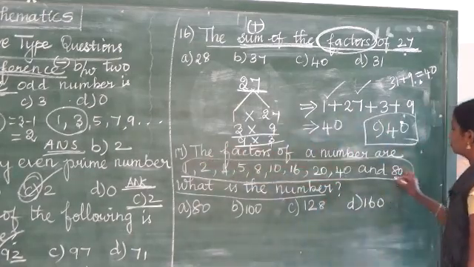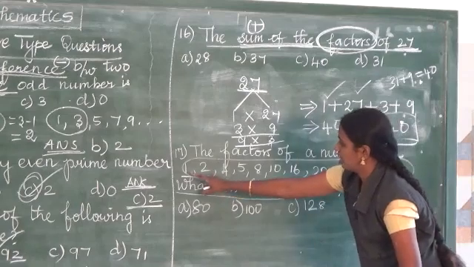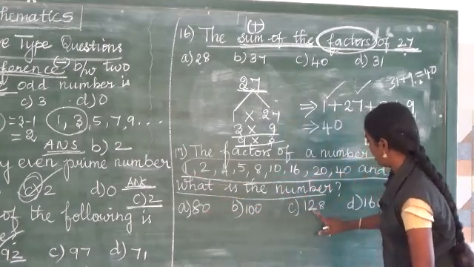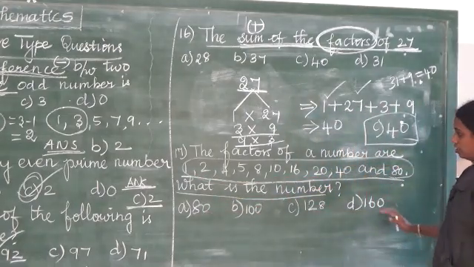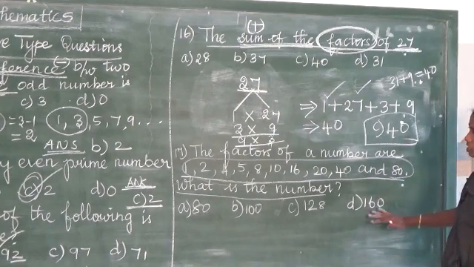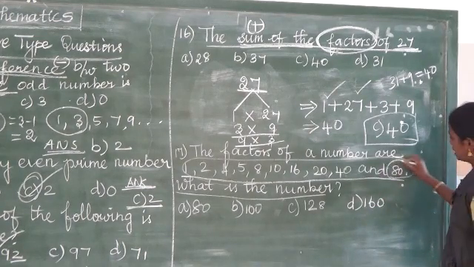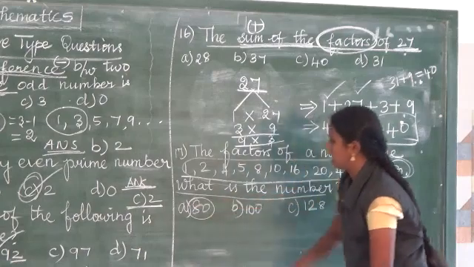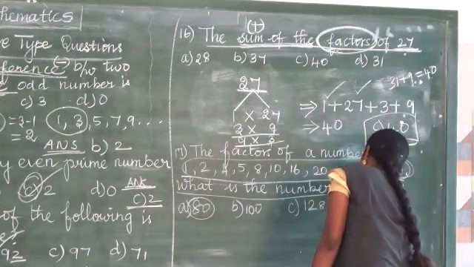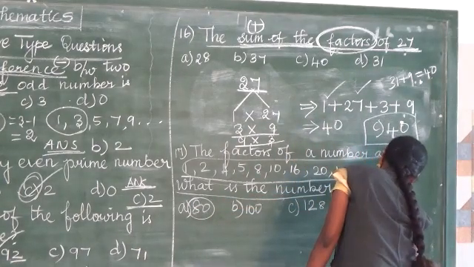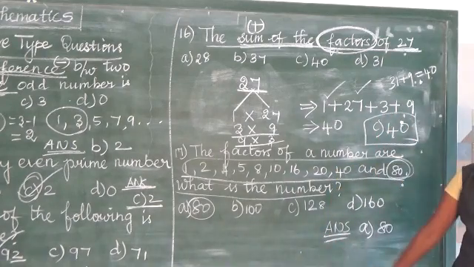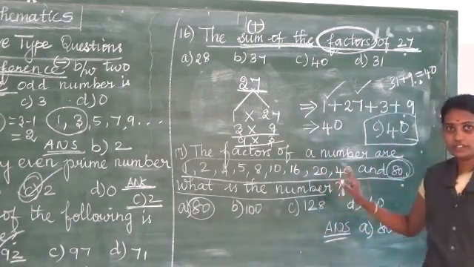If you have the options 80, 100, 128, 160, then only 80 is here. So the answer is option A. The number will come as the answer in the factors alone.